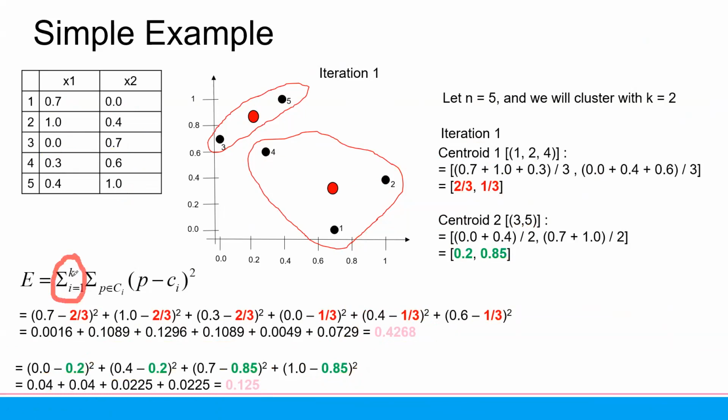So we have k equals 2. And the result is 0.4268 plus 0.125. Then this is the error. This is the total error when you do these clusters.